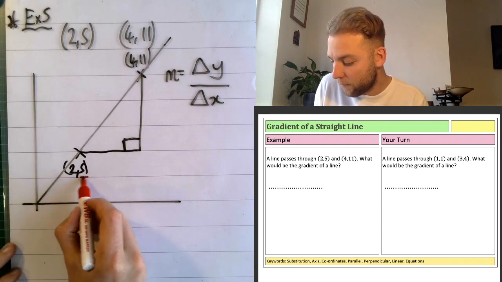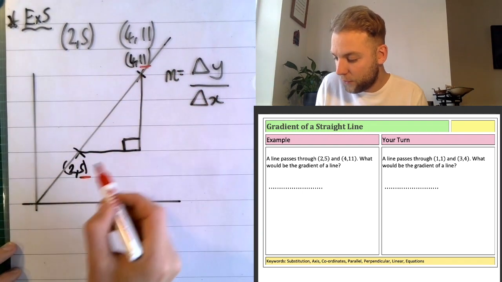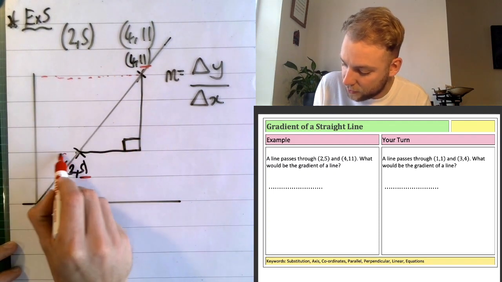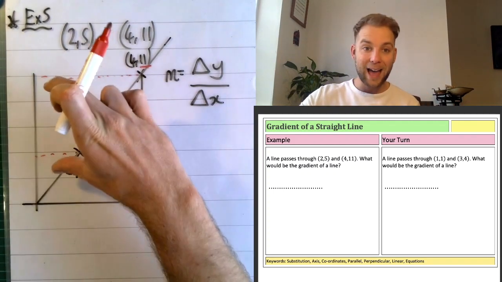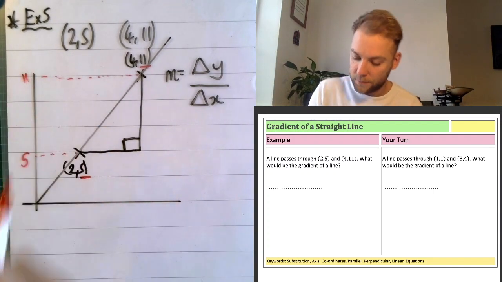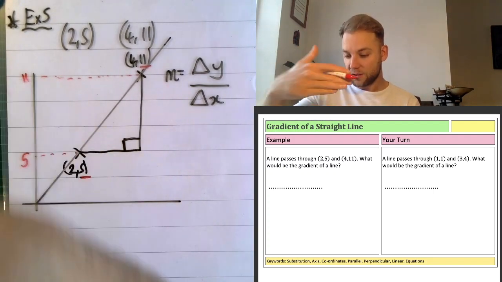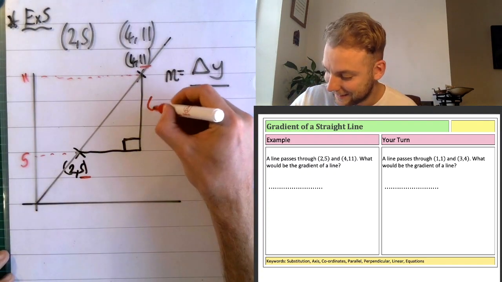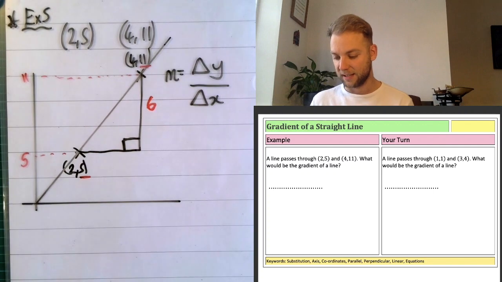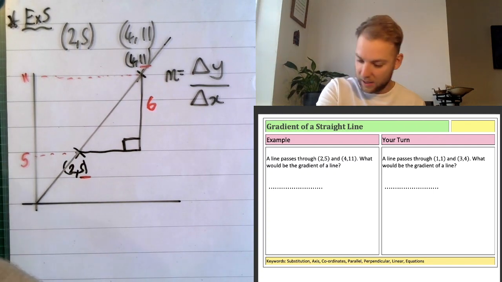So we're going from 5 to 11. Now, if you wanted to, you could dot these across, couldn't you? You don't have to do this. But how high is that? Well, from 11 to 5 is 6. 11 take away 5, what's that difference? 6. So I've done that one in red.